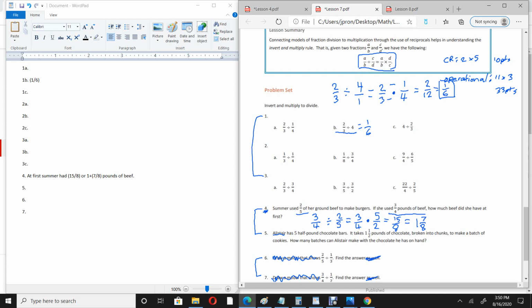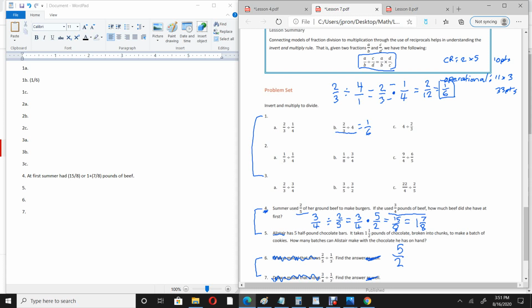Incredible. So he has 5 half-pound chocolate bars. It takes 1.5 pounds of chocolate, broken into chunks, to make a batch of cookies. How many batches can Alistair make with the chocolate he has on hand?